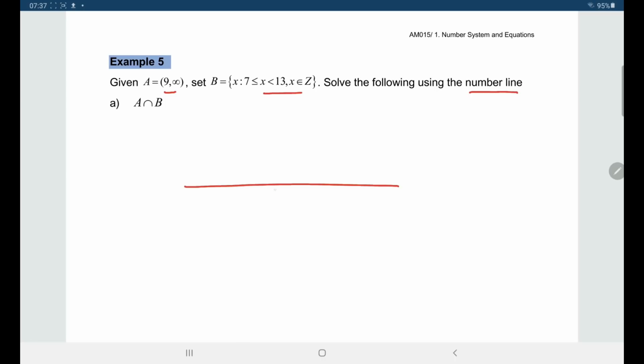Mark the number line using the end values of the intervals according to their values. From A and set B, the smaller value to higher value are 7, 8, 9, 10, 11, 12 and infinity. Mark the values on the number line: 7, 8, 9, 10, 11, 12.